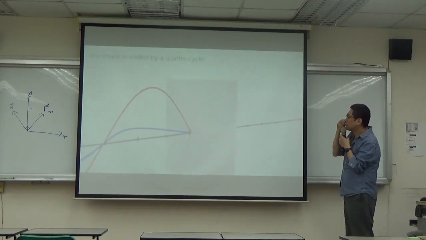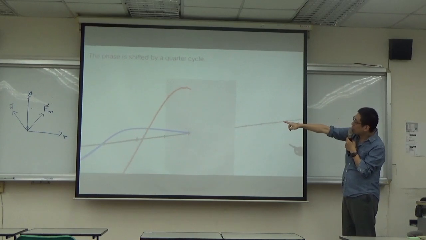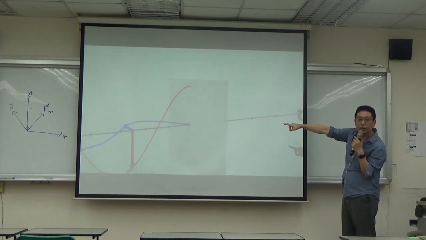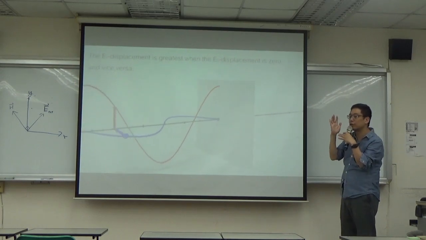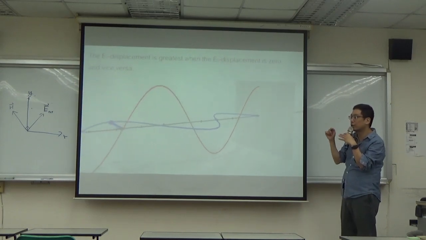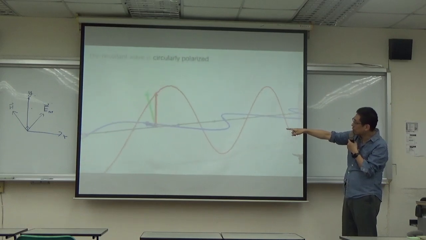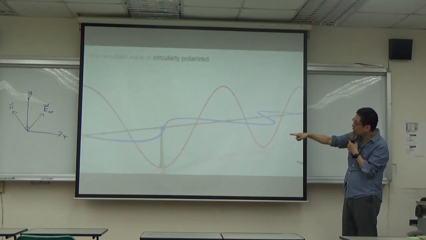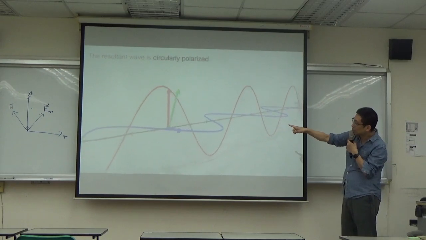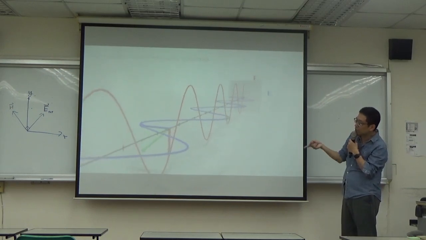If the phase of these two E fields has a 90-degree difference, the total E field, the green one, will look like a circle.